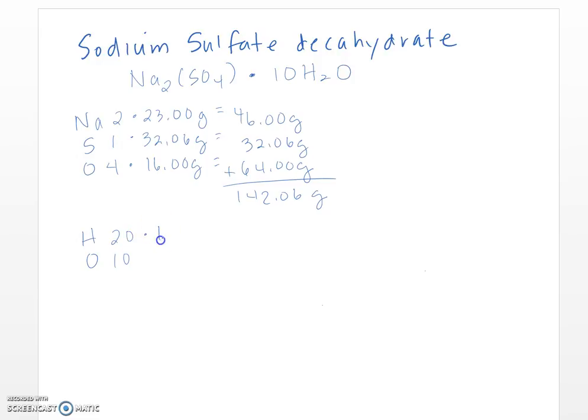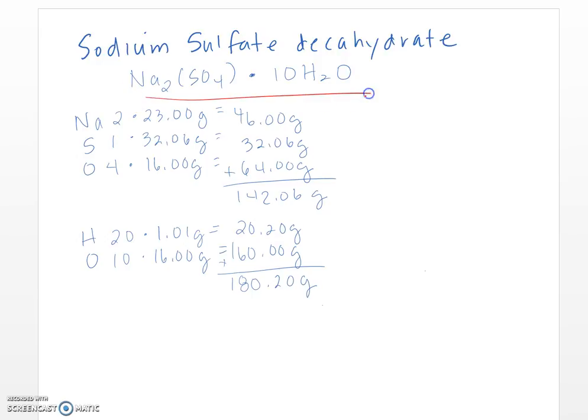I'm going to multiply them by what they weigh, so 1.01 grams, and 16.00 grams, and it's 20.20 grams, and 160.00 grams, and 180.20 grams.